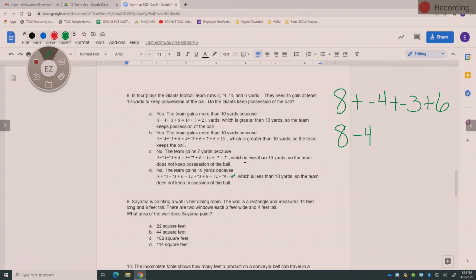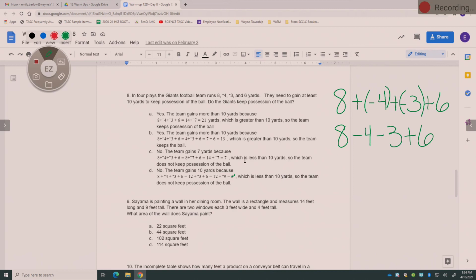Plus a negative number, same thing, just keep the negative sign. So if I'm adding -4, it's the same thing as just saying -4. And if I'm adding -3, it's just the same thing as saying -3 plus 6.